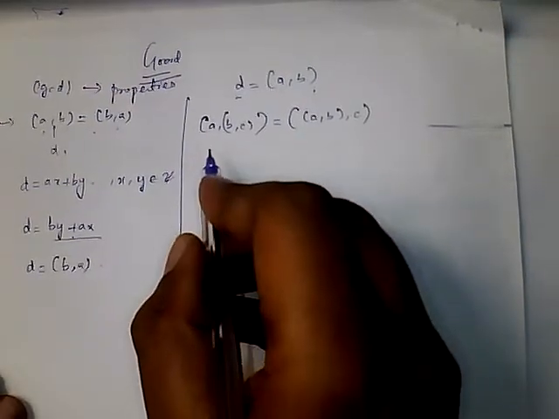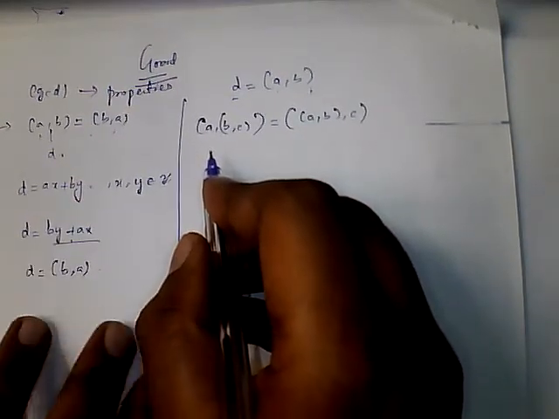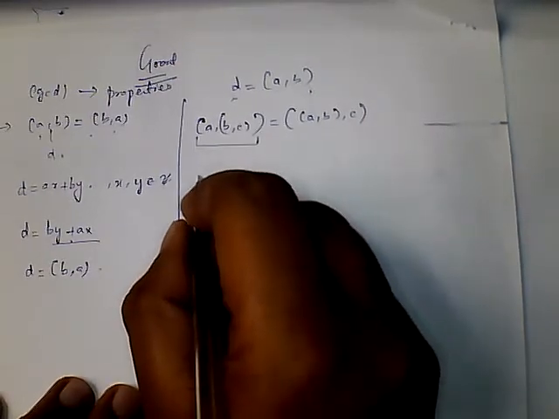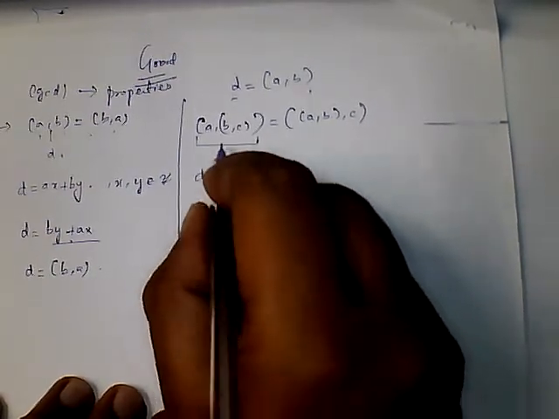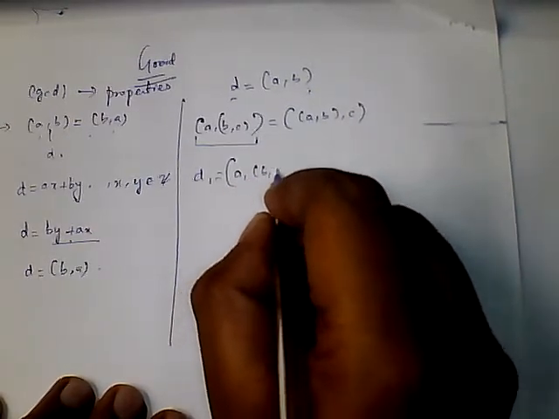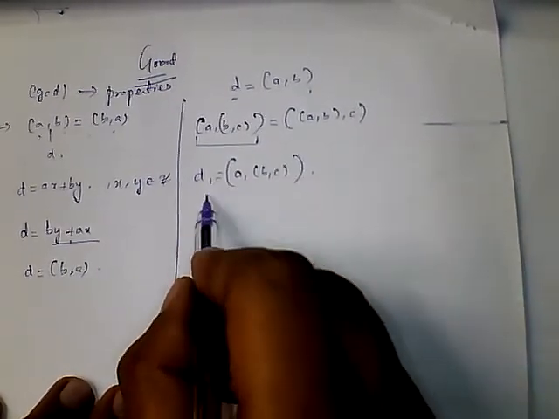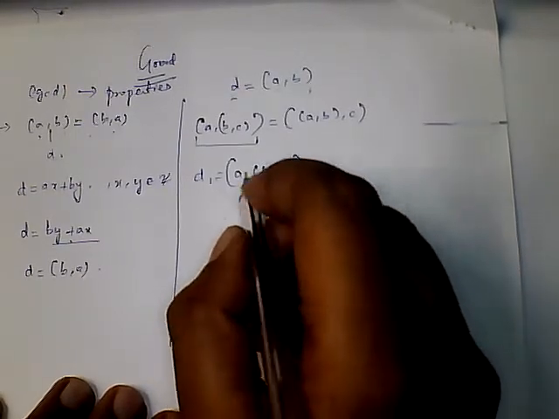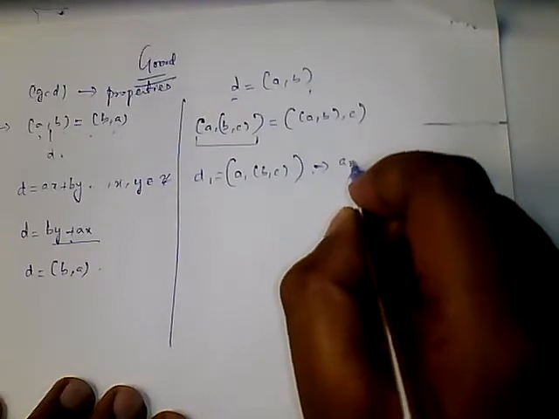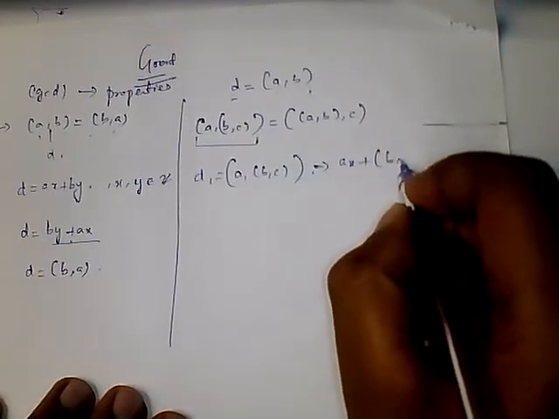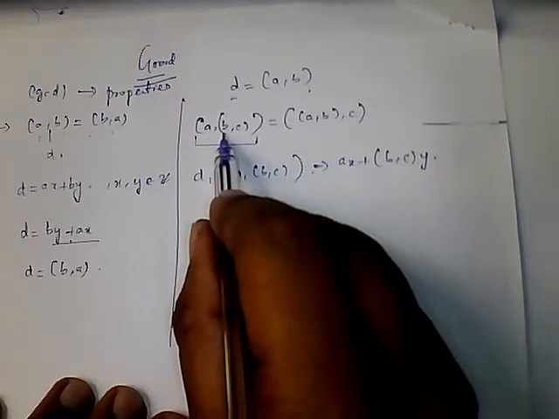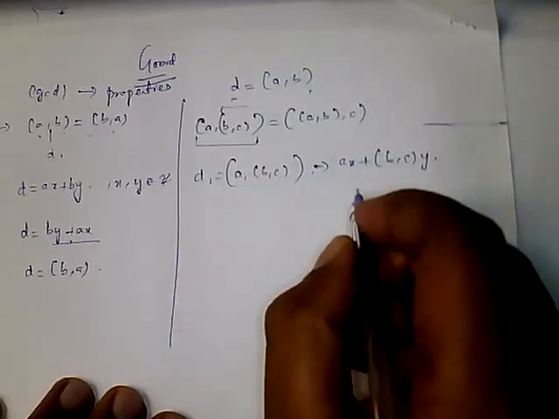Here we are assuming the GCD of this is equal to d1, for example. Now we can have the linearity for this, that implies it is equal to ax plus the GCD of b comma c times y, and I am assuming the GCD of b comma c equal to some d1.